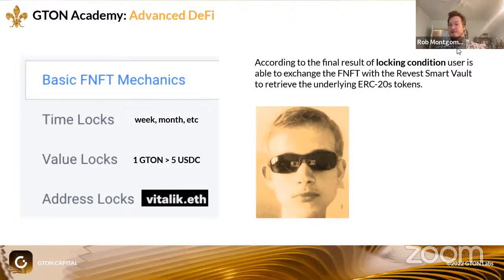That allows for any parameter logic to be used. Exactly. You can say, I don't want this FNFT to unlock until the Braves win the World Series again. And you get yourself a good Chainlink oracle. Well, your lock will probably unlock sometime in the late 2020s if Atlanta sports has any pattern.